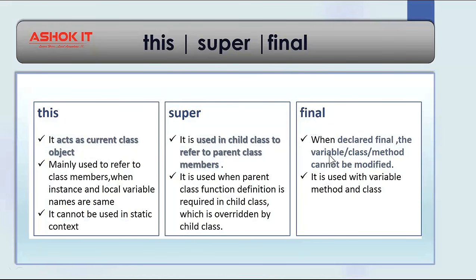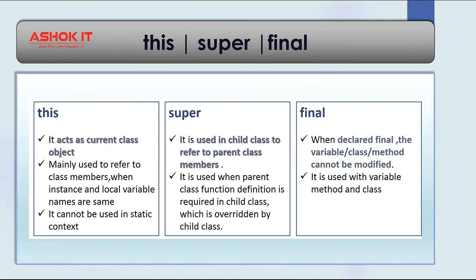The this keyword is mainly used to refer to class members when the instance and local variable names are the same, and we cannot use it in a static context. The super keyword is used when the parent class function definition is required in the child class.